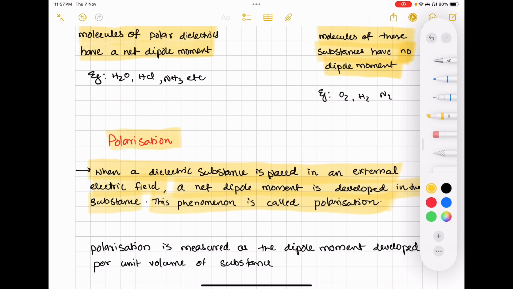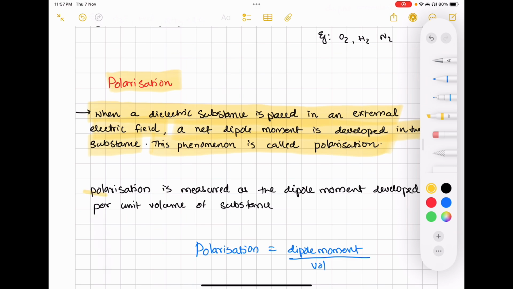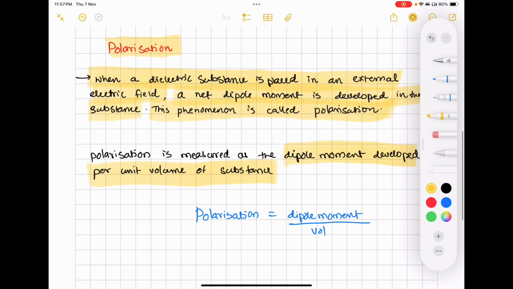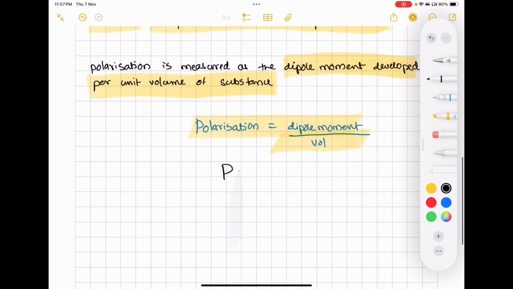Polarization is measured as the dipole moment developed per unit volume of the substance. So the equation is: polarization P is equal to small p divided by volume, where small p is the dipole moment.